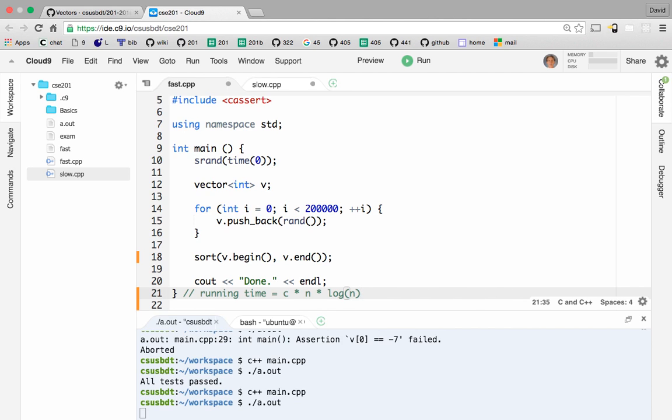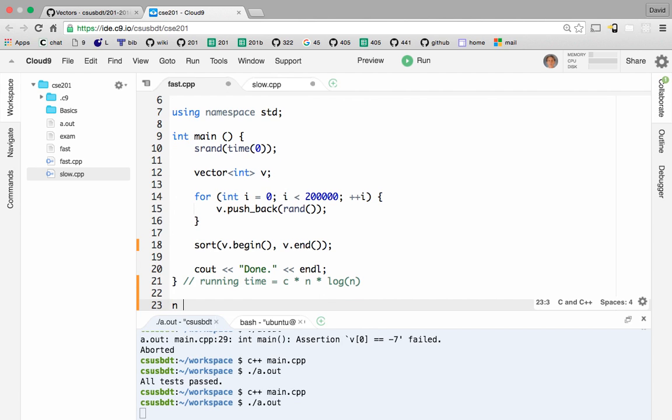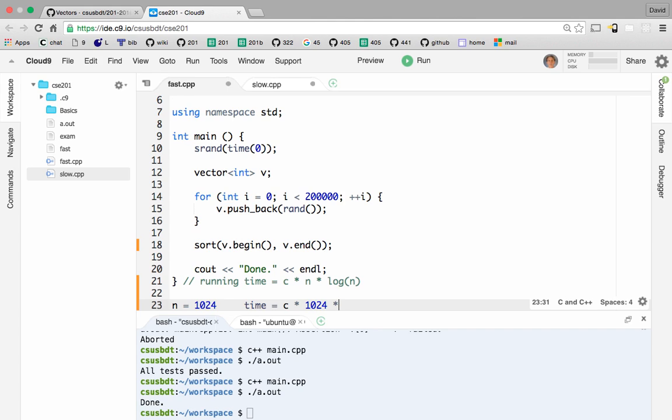When n is 1024, let's suppose that n is 1024. That's a kilobyte, right? So that's 2 to the 10. When n is 1024, the time is some constant times 1024 times 10.